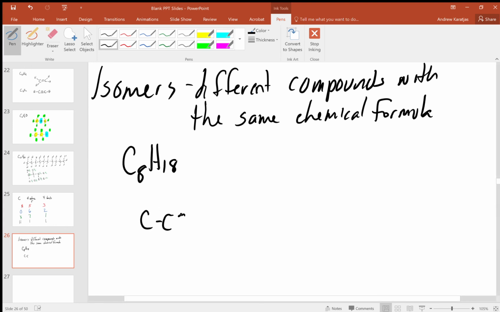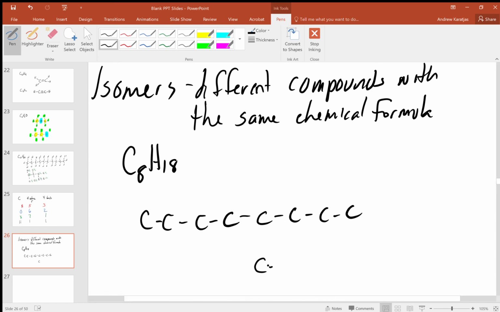I'm going to leave the hydrogens out. So we're just going to assume that they're there right now. The base name for C8 is octane.